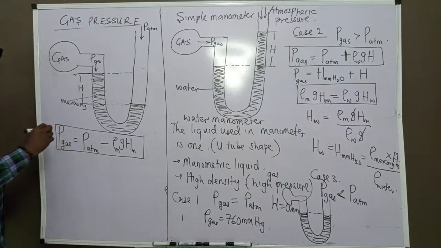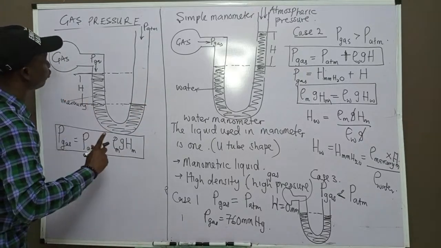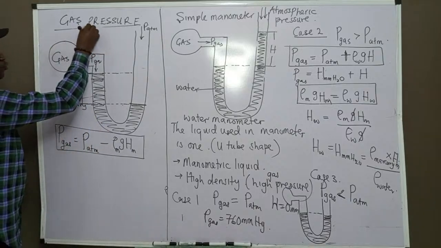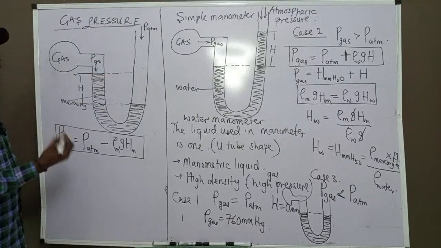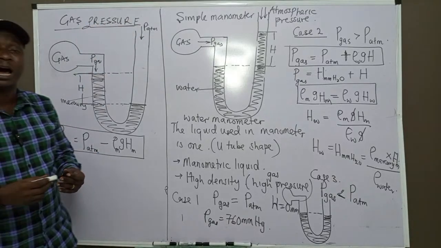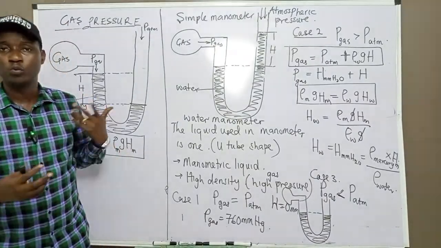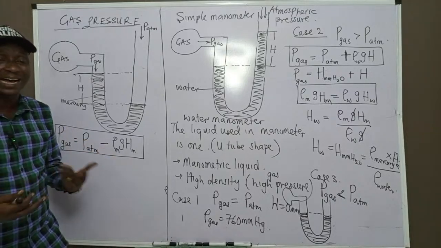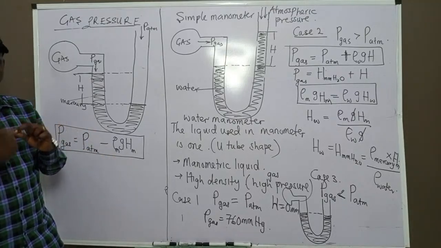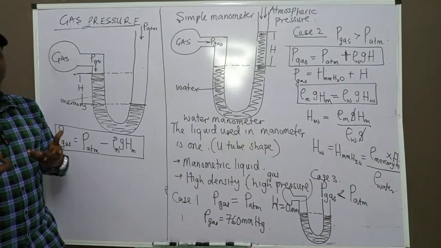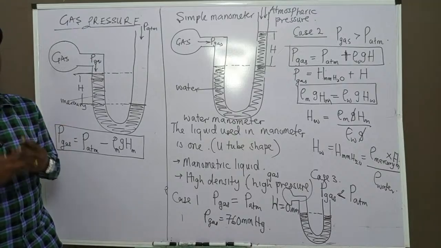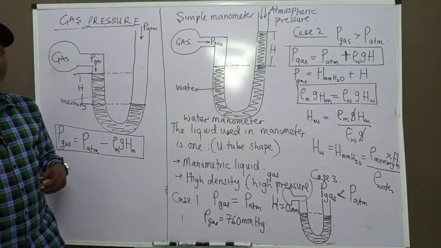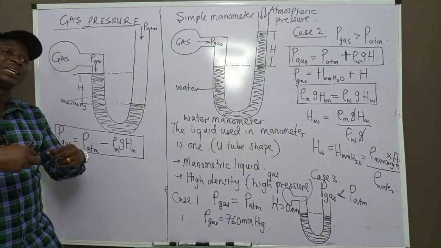And don't forget that we use more than one liquid for a manometer when used to measure gas pressure. I've also told us how gas can exert pressure. Gases are made of molecules, and these molecules are in random motion. Random motion in physics we call a zigzag motion, whereby they exert pressure as a result of colliding with each other, and also with the container itself, the containing vessel.